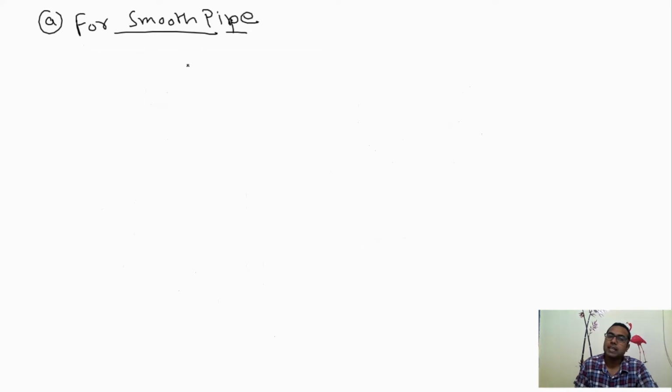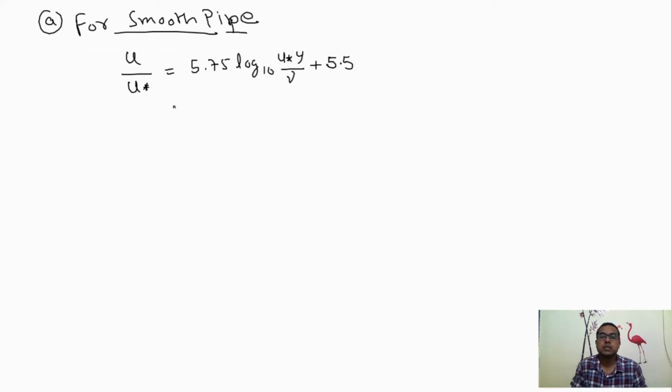First of all, for the smooth pipe, we know the velocity distribution. So this is the velocity distribution for smooth pipe. Here u is the local velocity, and u star is the shear velocity, which is constant, and here you can see u star times y divided by nu, the kinematic viscosity, plus a constant value.